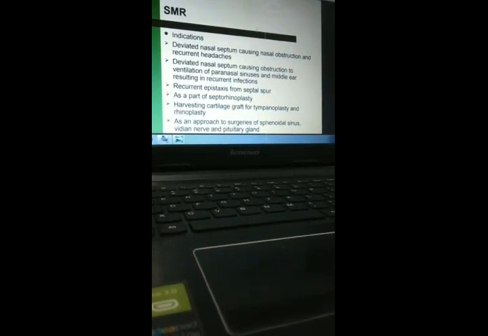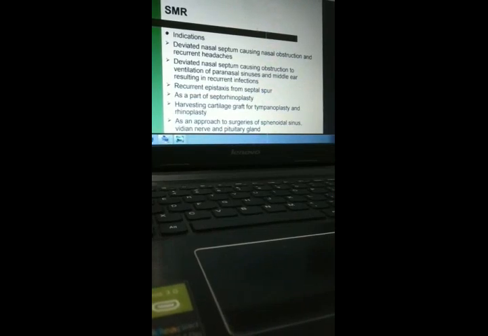Now, what are the indications of SMR operation?